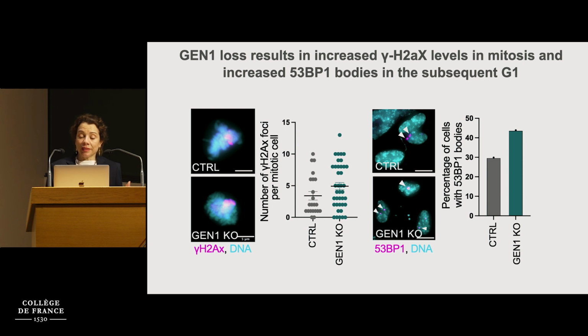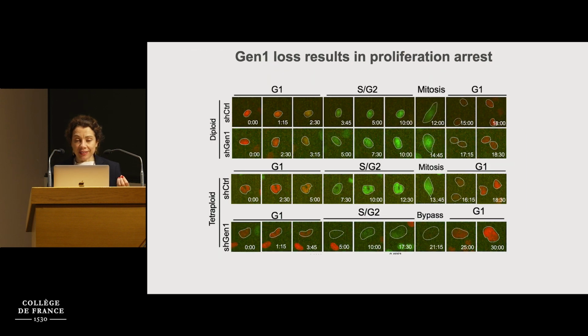We wanted to know why these cells were no longer proliferating in the fly, if we could actually see the same in human cells. And so we turn again to the FUCCI system, and while, again, this is all the knockout cell, we also have the shRNA.